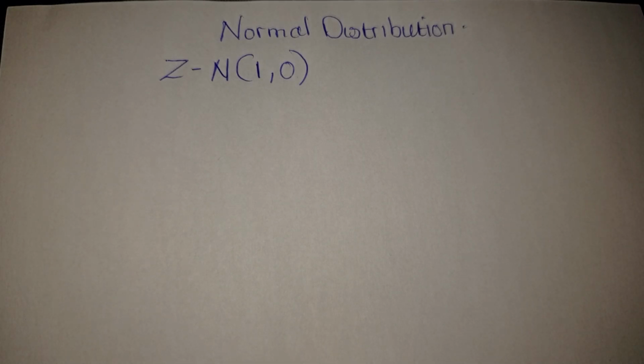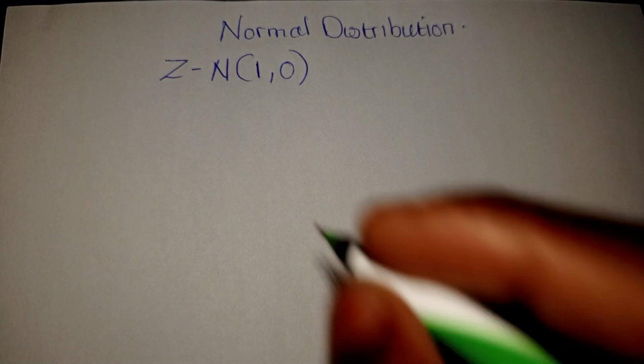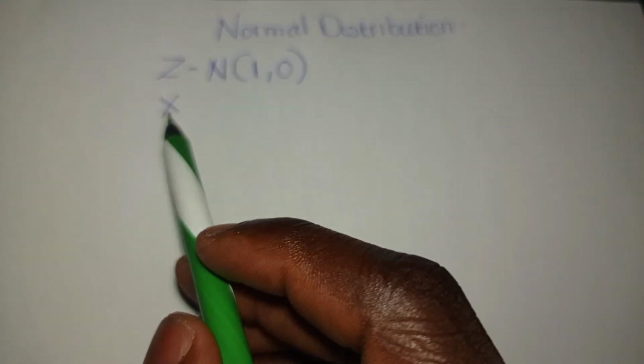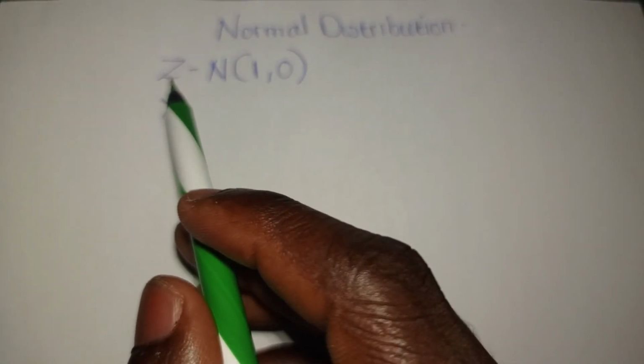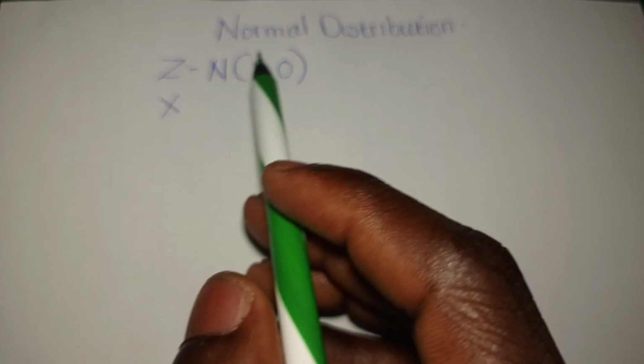The thing we need to pay attention to is that we can write Z in terms of X, because X and Z correspond under the standard normal distribution.